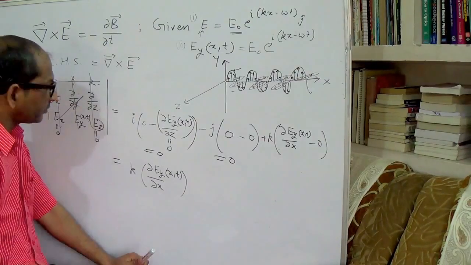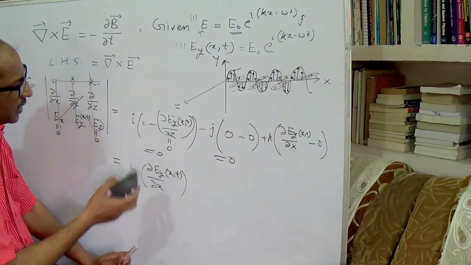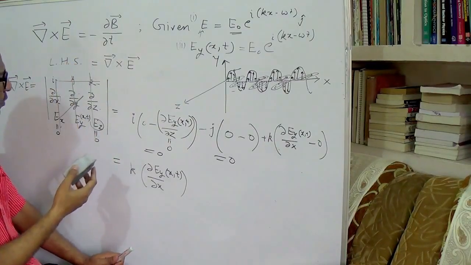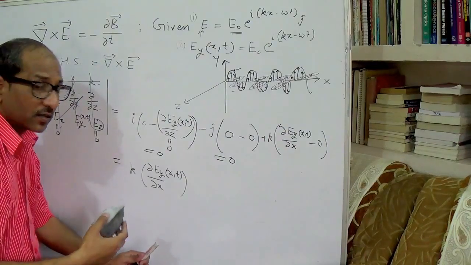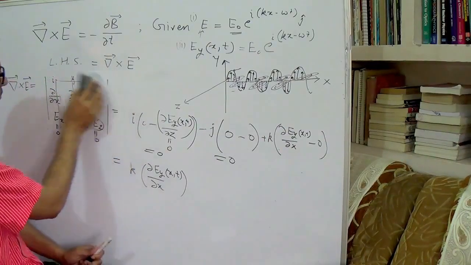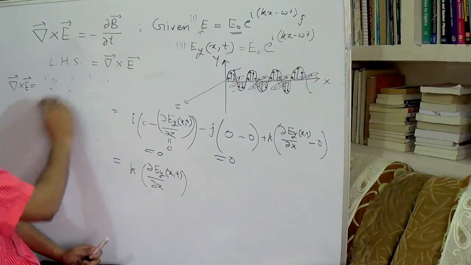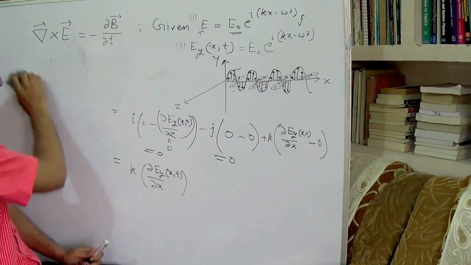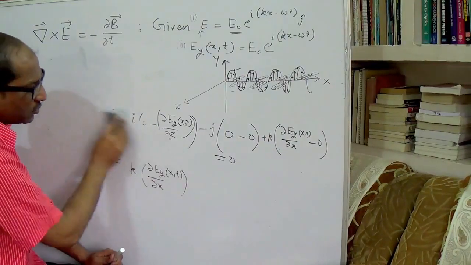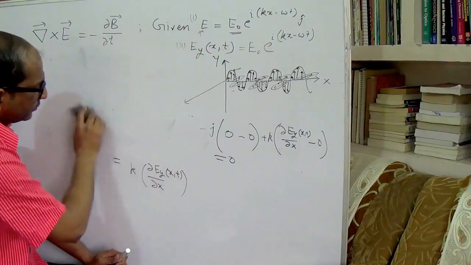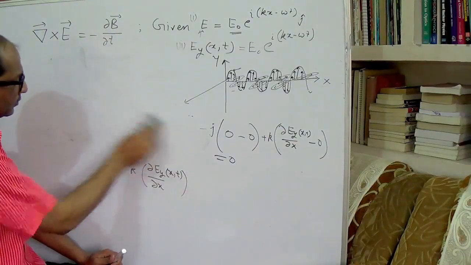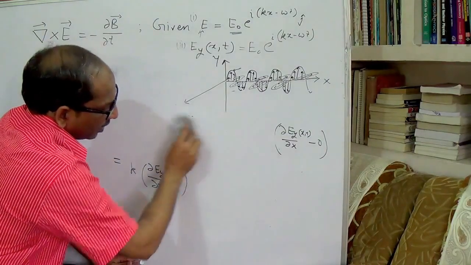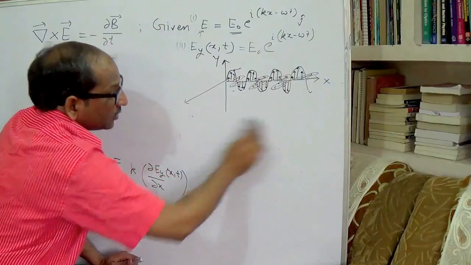Here basically I just used the left hand side of this curl equation, that is Maxwell's third equation, Faraday's law, put in the values and found this result, del cross E. Del cross E is equal to the k component only, as the i and j components are 0.